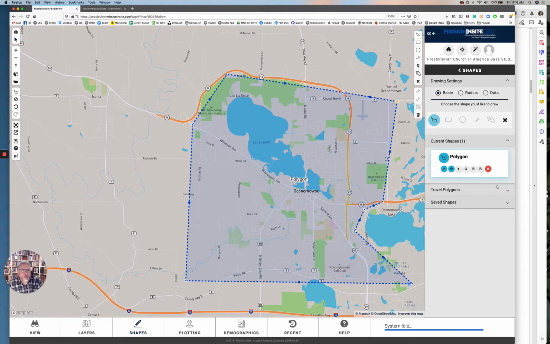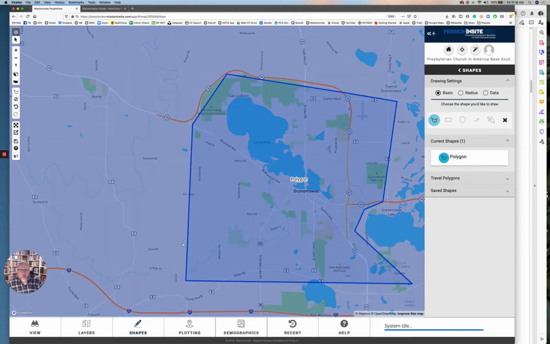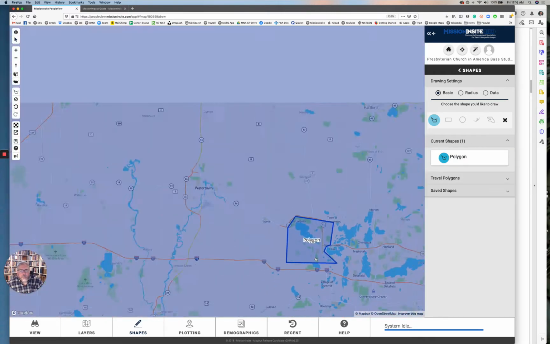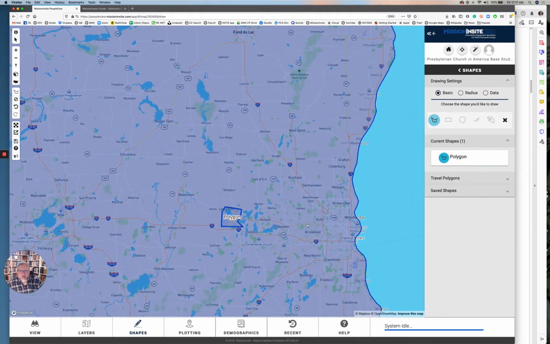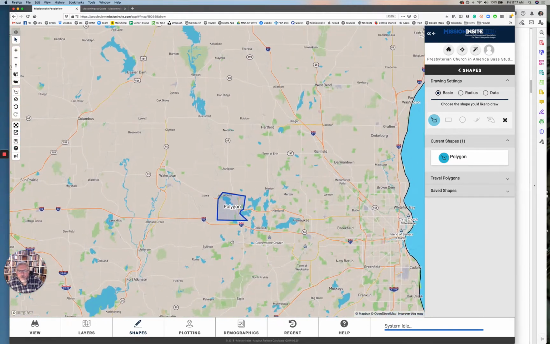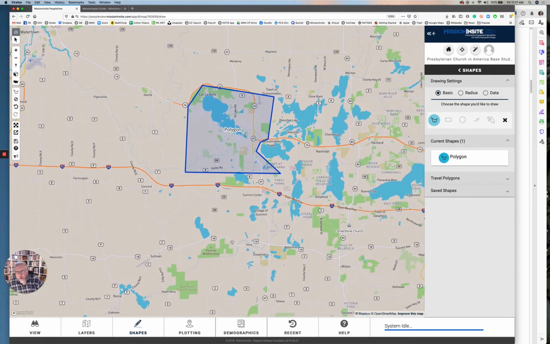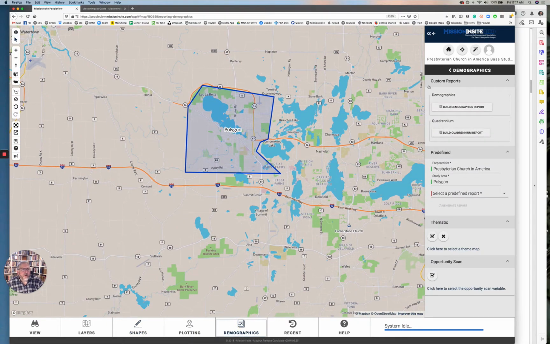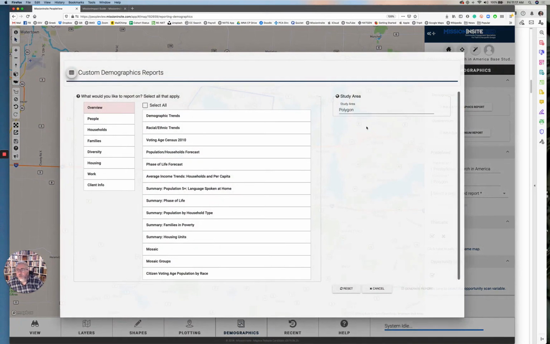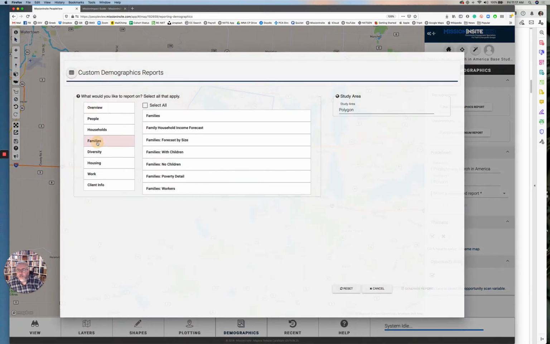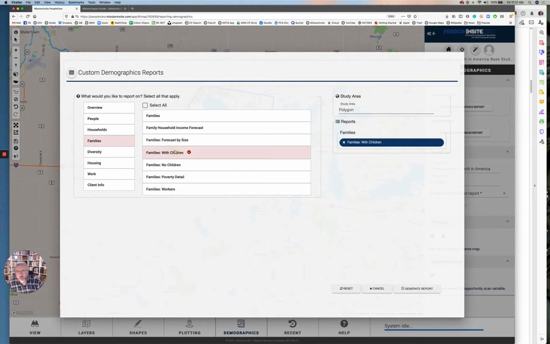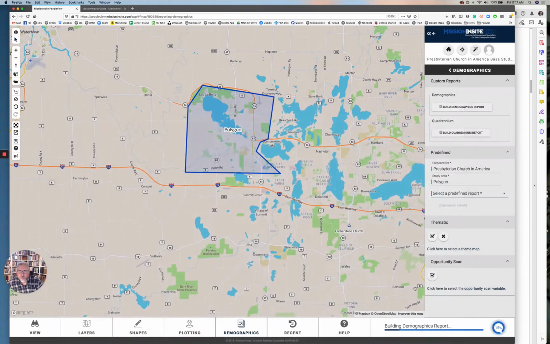So now that you have a shape, it turns blue. All right, so you have the shape. Now you want to do your demographic work. You can do custom reports by building out, let's say you really want to see the issue of families with children, and you can produce a report just for that area and analyze it that way.